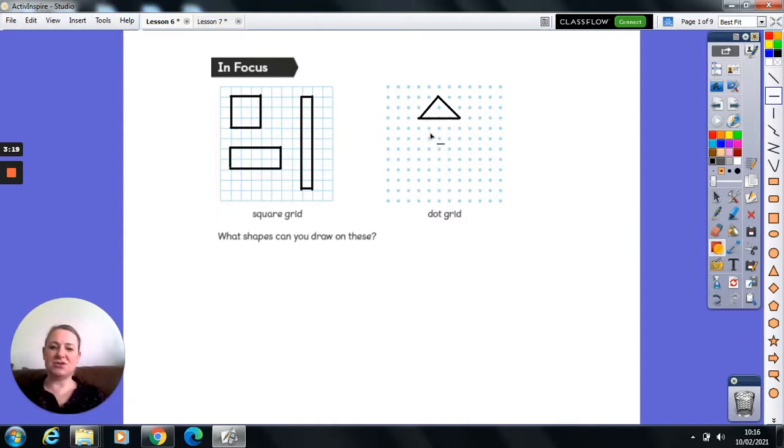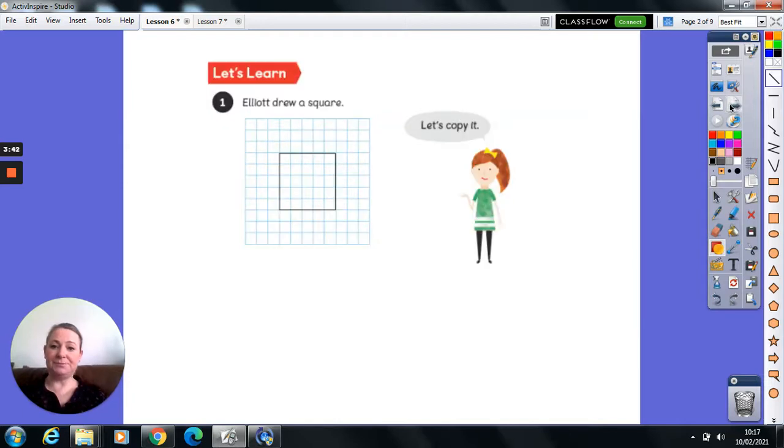That's actually an isosceles triangle. You can make all different types of triangles, but the dots do help you, especially when it comes to copying shapes, put them into the right place. So we can definitely do a range of triangles on a dotty grid, and that's the skill we're going to be looking at today.